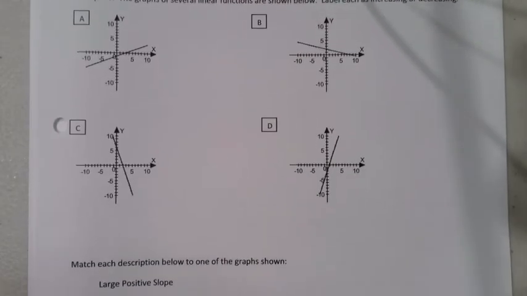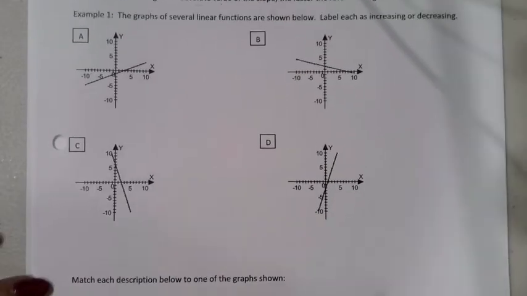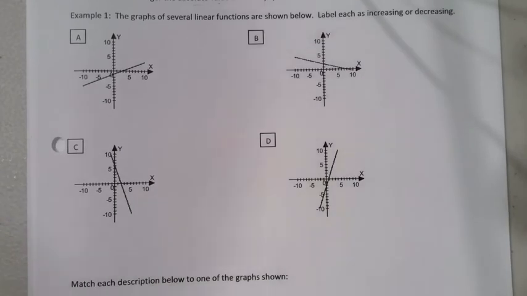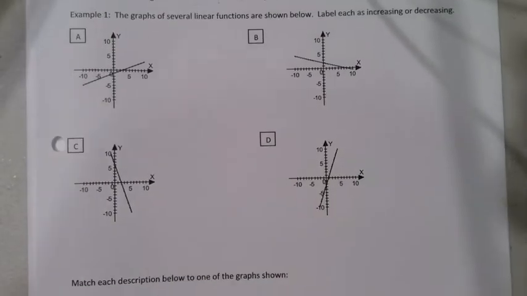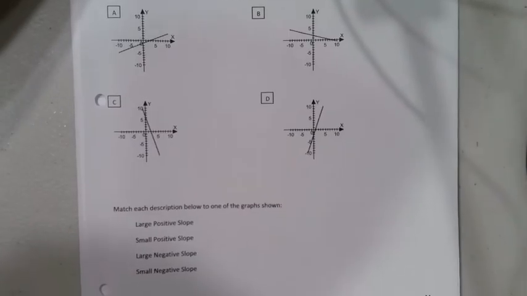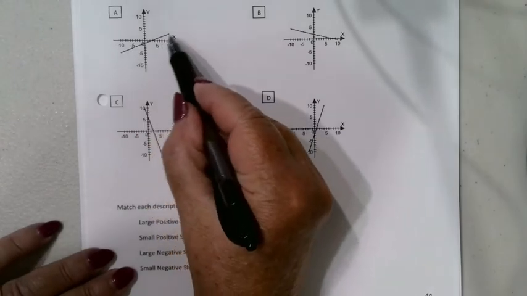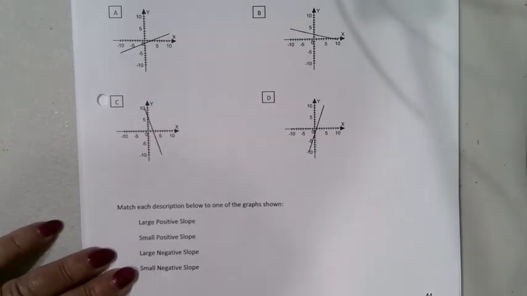In example 1, we have graphs of several linear functions, and we're going to label each one using these words, increasing or decreasing, and then we're going to match with a description at the bottom of the page. So as I look at the first one, this definitely is going uphill. We always read graphs from left to right. So it's going uphill or increasing.